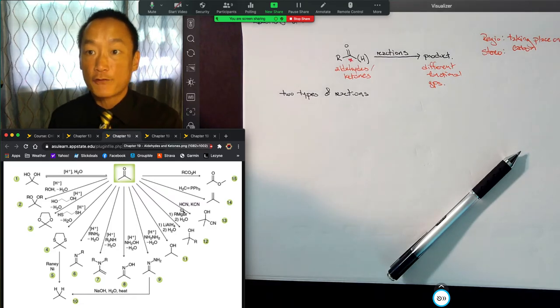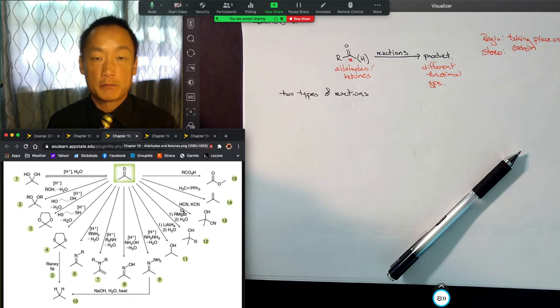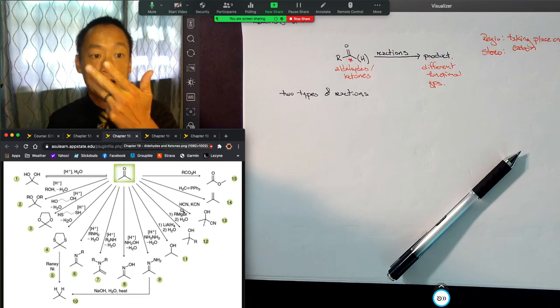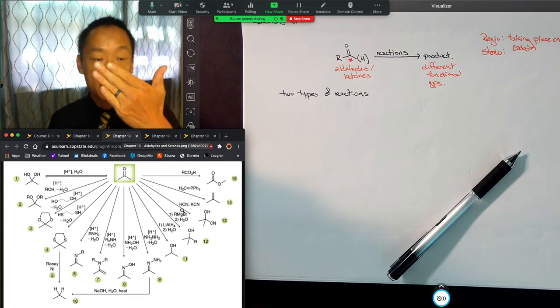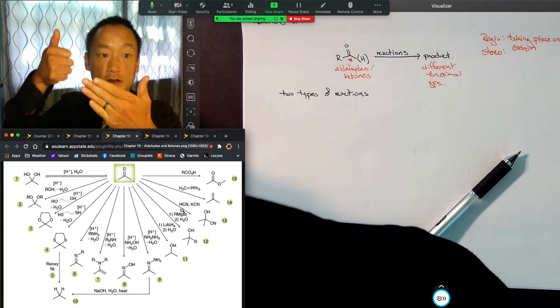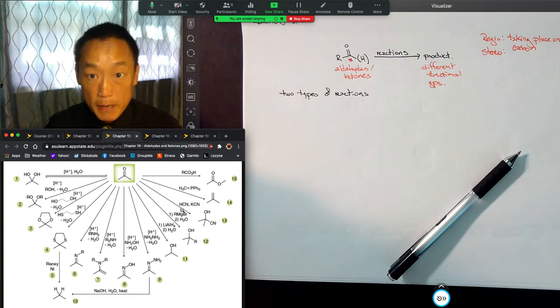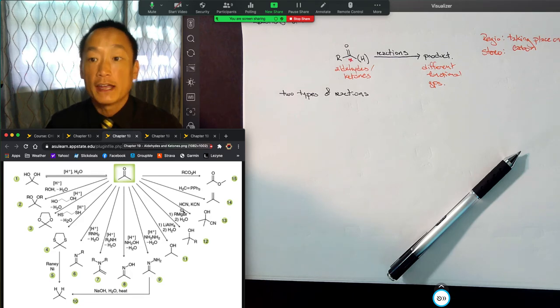Mark the tape, 10:14. This point right here is the most important part that I can tell you, because the reactions of aldehydes, the reactions of ketones, the reactions of esters, the reactions of anhydrides, the reactions of carboxylic acids, the reactions of amides, the reactions of acid chlorides, all of these compounds are going to behave in the same way with the same mechanism. I will not teach you anything new for the remainder of this unit and half of next unit.